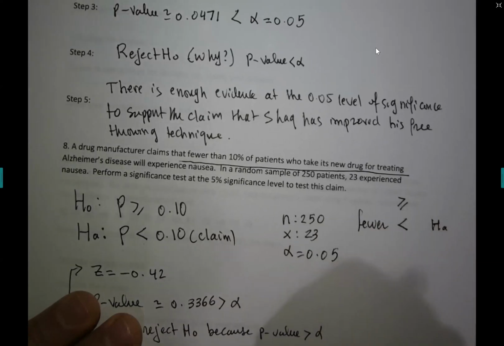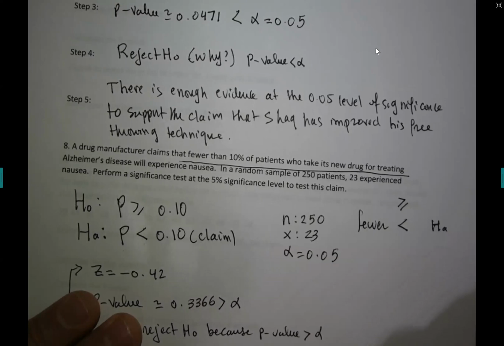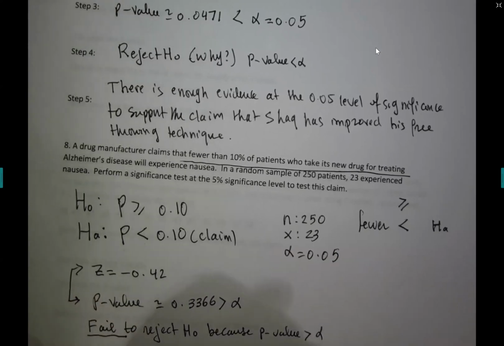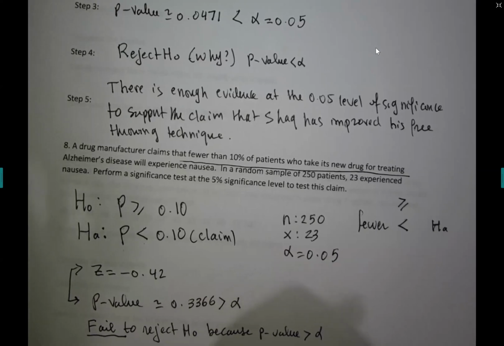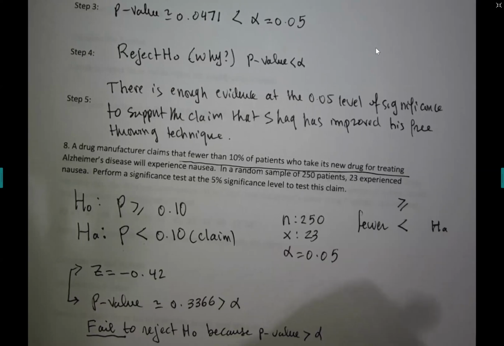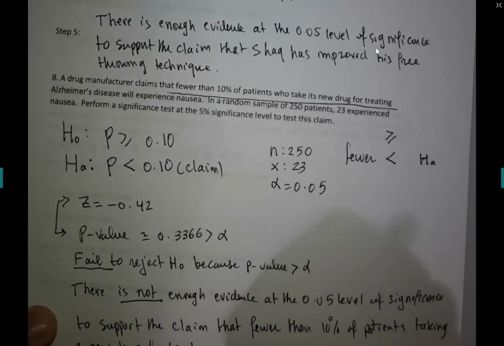That fewer, you might have to select it when you do your homework, that fewer than 10% of patients taking a new drug for treating, I'm just gonna write it all, Alzheimer's disease will experience nausea.